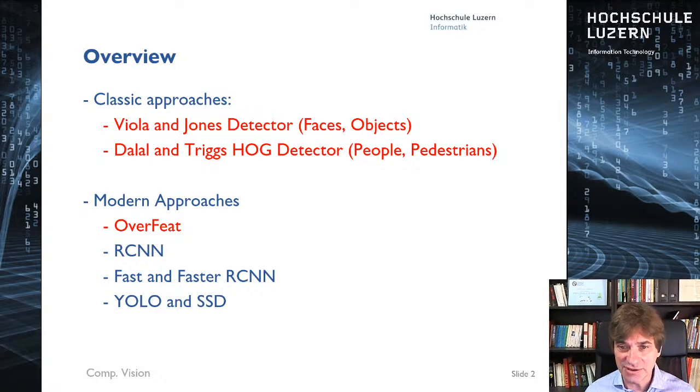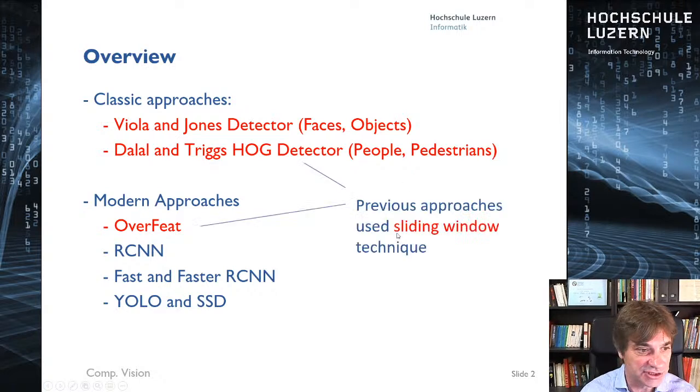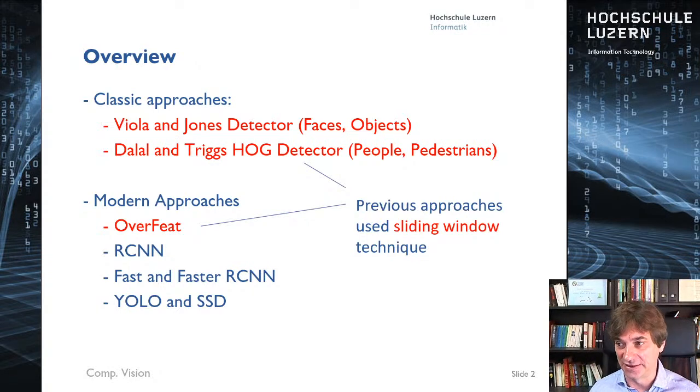In order to work as an object detector, those approaches use the so-called sliding window technique. That means you go with a subregion over your image, and in each subregion you try to detect the object. Is it there or is it not there?